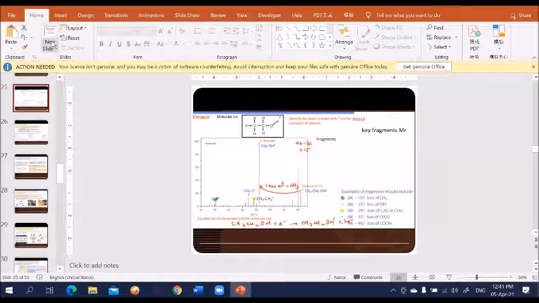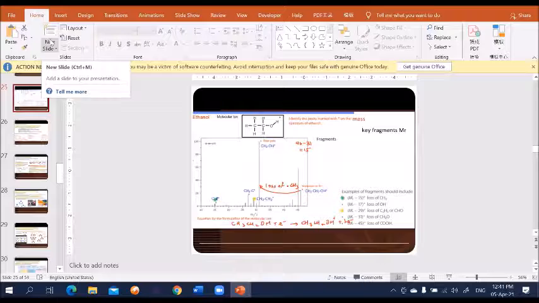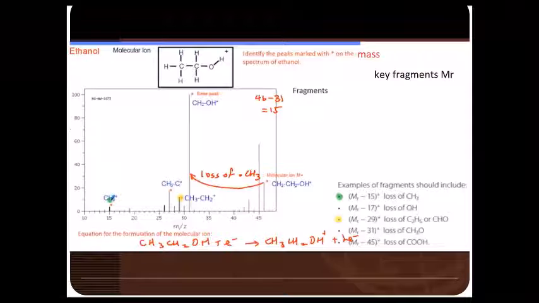Okay, let's have a look at the spectrum of ethanol, which has the molecular ion, CH3CH2OH plus, which you see here. We want to try and interpret the spectrum.